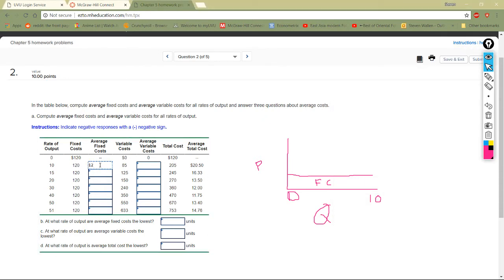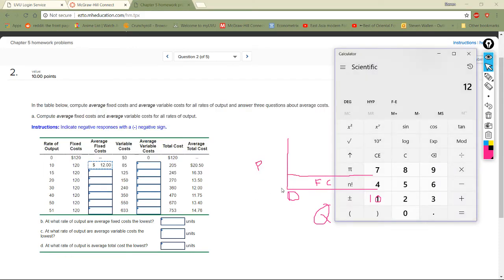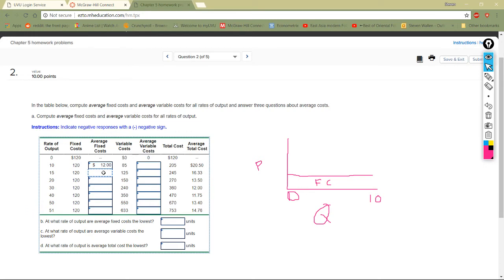That's it. That's all I did. And then you're going to do it over and over. Fixed cost 120, but if I'm producing 15 units, each one of those units gets to cover a portion of my fixed costs that I'm having to incur. So I go 120, divide by 15, 8. And you're going to see a pattern here.